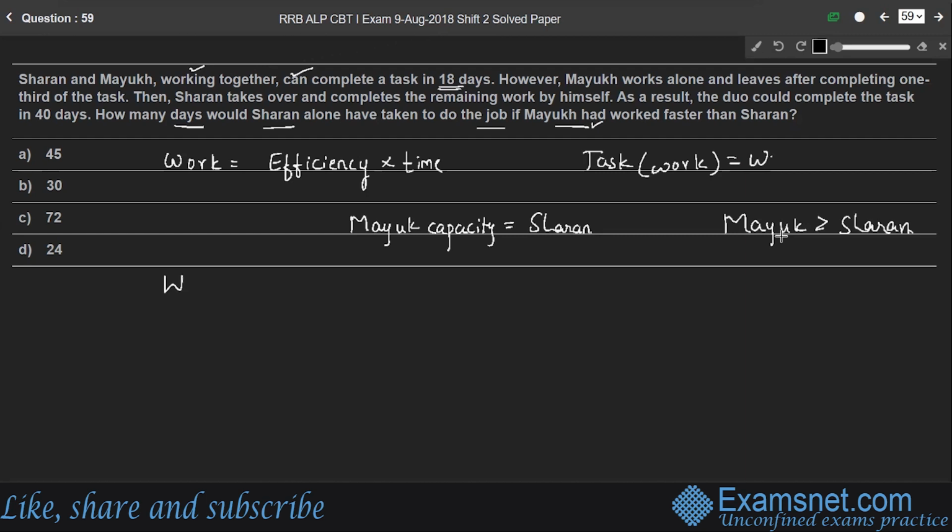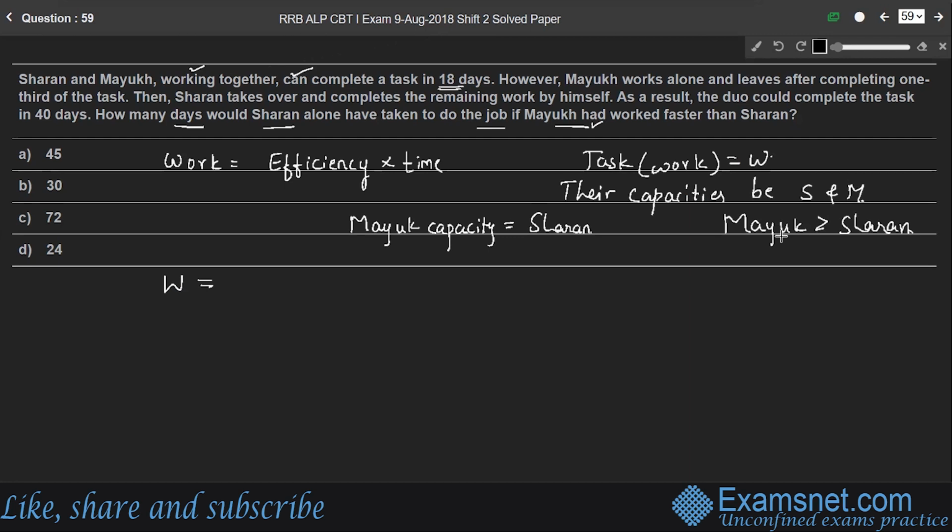Together they take 18 days. Therefore, the total work W is equal to the sum of their capacities. For our better understanding, let Sharan's capacity be S and Mayuk's capacity be M.